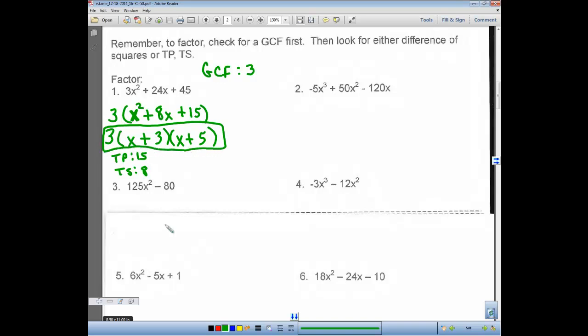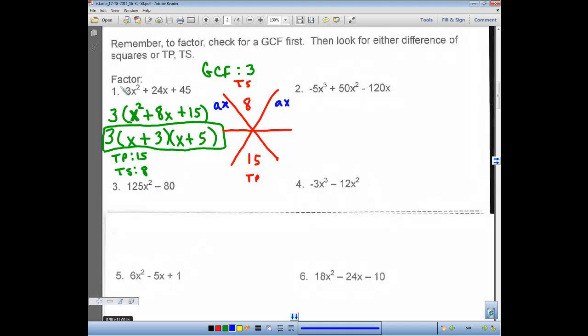Let's just say we did not recognize our answer. We could also use the snowflake method. In the top part here, this is our target sum of 8. The bottom part here is our target product of 15. This right here is the AX term.